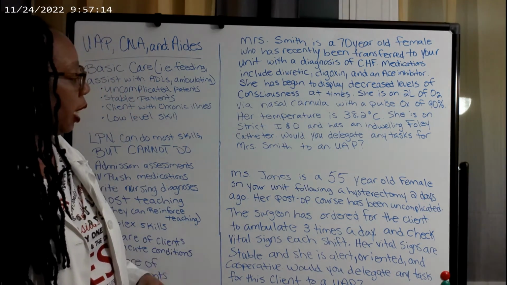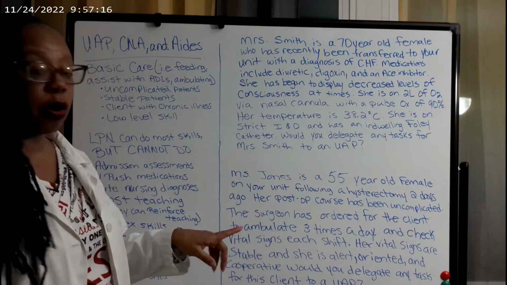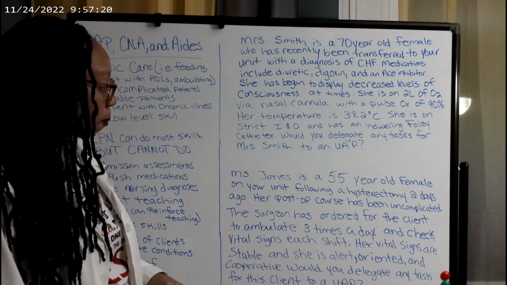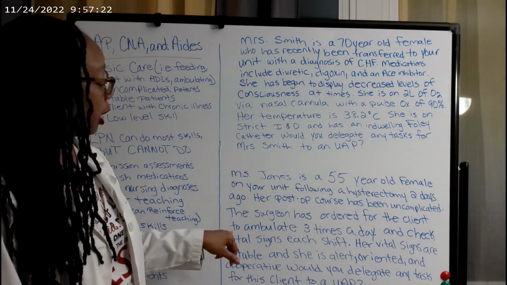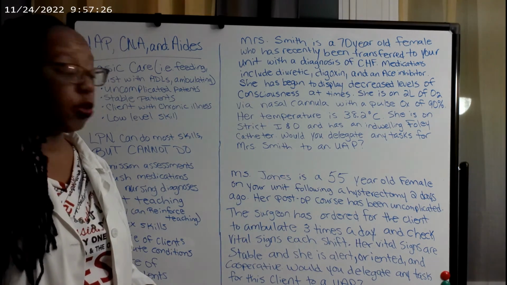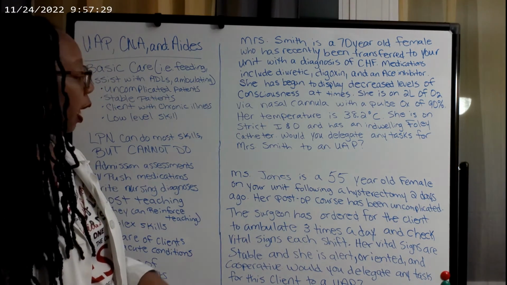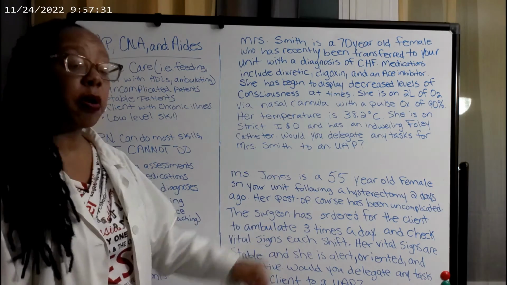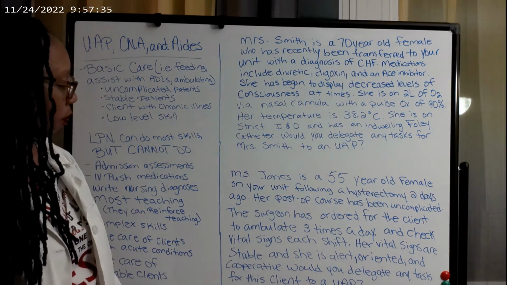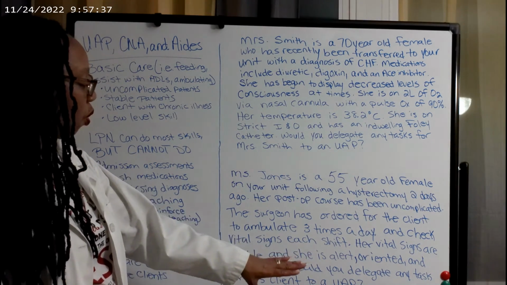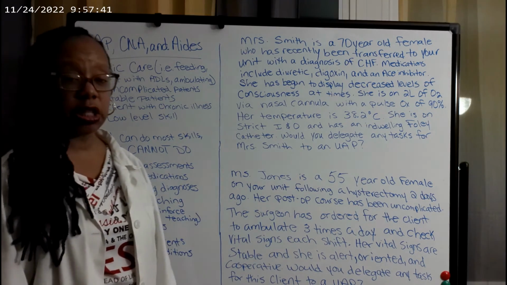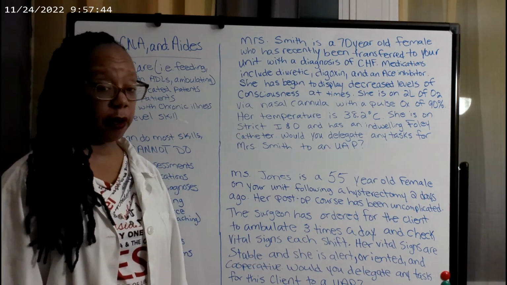So we could delegate some of the things that need to be done to the unlicensed assistive personnel. The unlicensed assistive personnel can ambulate the patient 3 times a day as needed, and can also check her vital signs each shift. Her vital signs are stable, she's alert and oriented, everything is uncomplicated. Yes, you can delegate those things to the unlicensed assistive personnel.